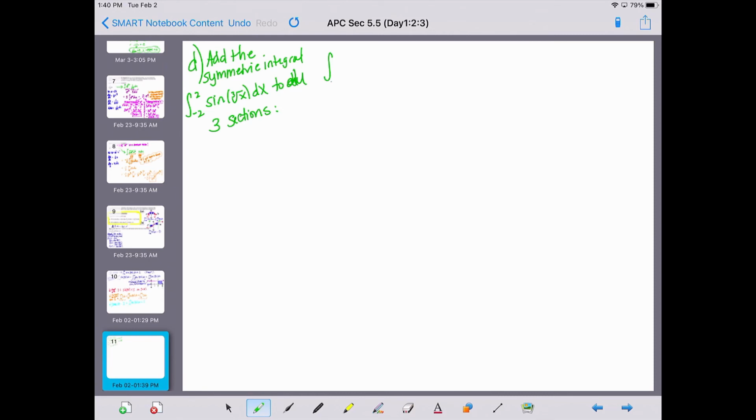I'm going to have the integral from -2 to 2 of sine of the cube root of x dx plus 0 is equal to the integral from -2 to 2 of sine of the cube root of x dx plus the integral from 2 to 3 of sine of the cube root of x dx is less than or equal to the integral from -2 to 2 of sine of the cube root of x dx plus 1.